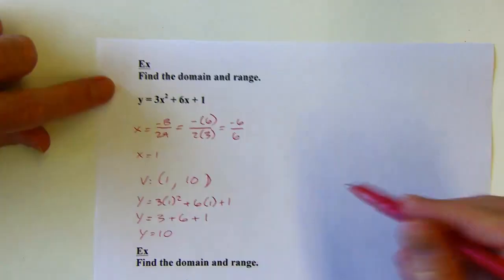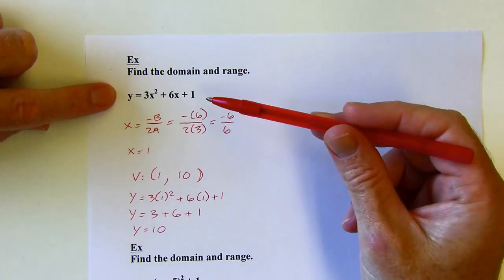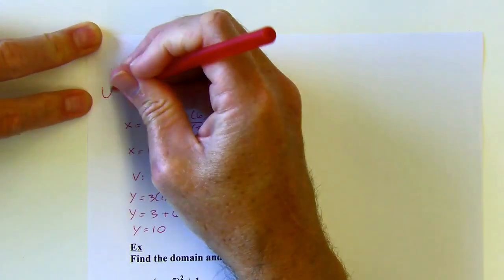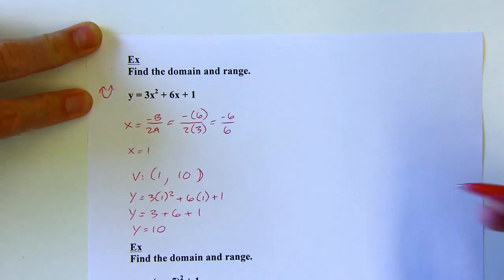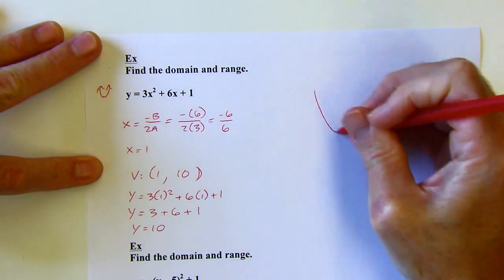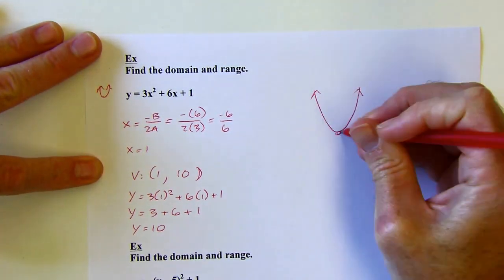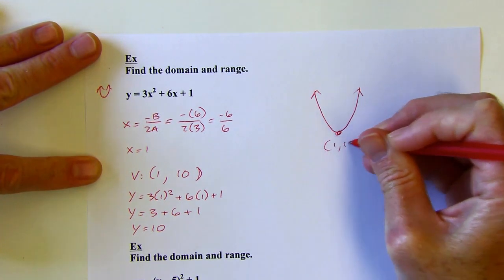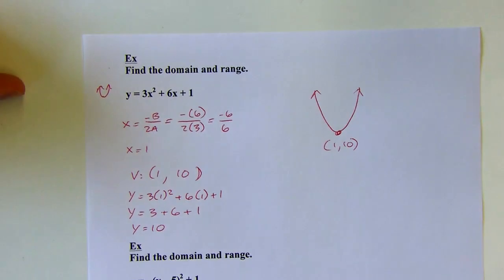Okay, now I'm not going to sketch a real graph here, I mean, not a fancy graph, but I am thinking, which way does this parabola open? Well, it's a positive a value, and the vertex is (1, 10). So it's going to open upwards, okay? So my parabola is going to look something like this. Now, I'm not putting this on an xy axis again, but I do want to think, okay, it's going to open upwards from (1, 10).